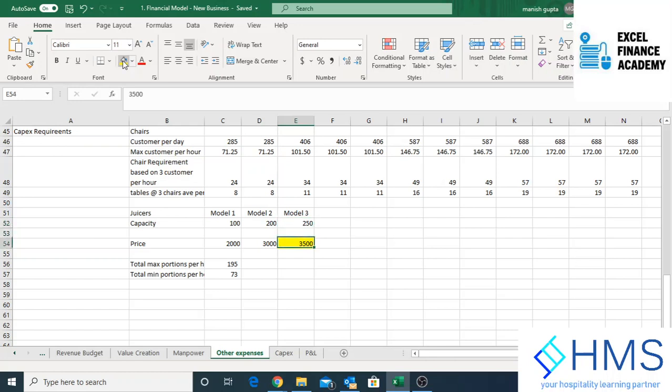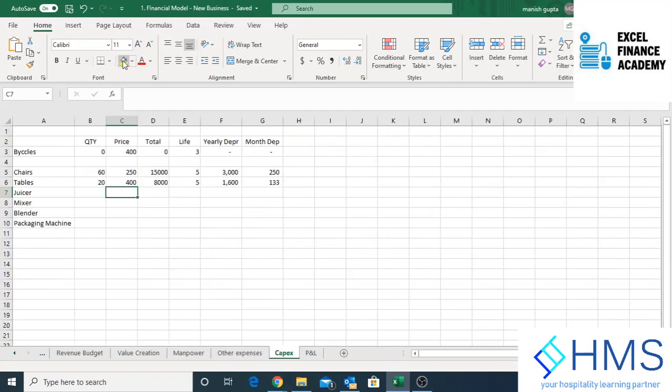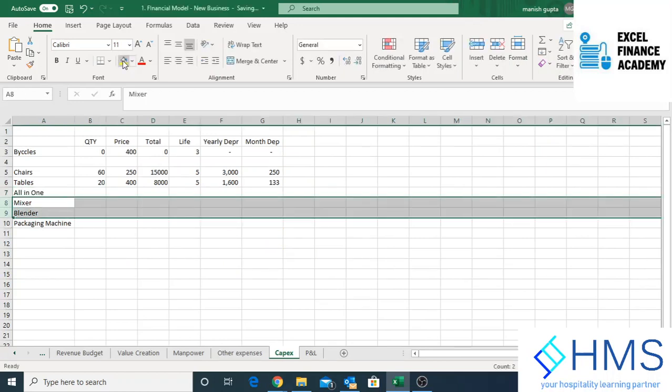So let's say now we have decided that this is going to be another $500 for our motor. You can leave this working so that you know what it's going to be. Let's say we buy the all-in-one option, not the separate options.